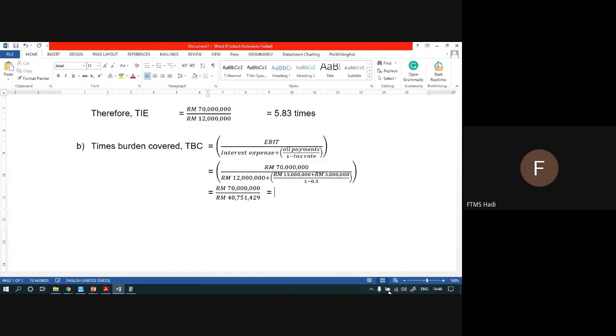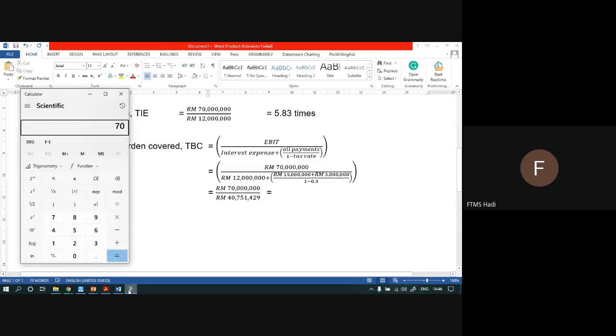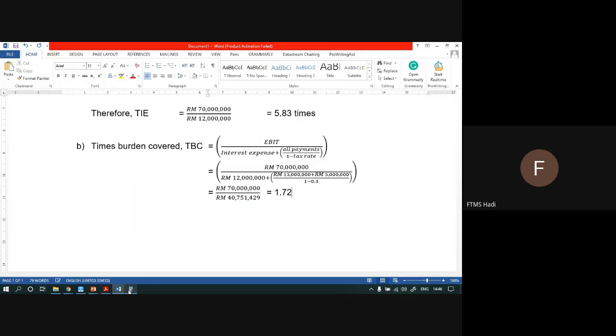So you will get the answer of 70 million divided by 40.571429, which is 1.72 times. That is, we call it the earnings that can cover interest by 1.72 times. Okay, that is question B.